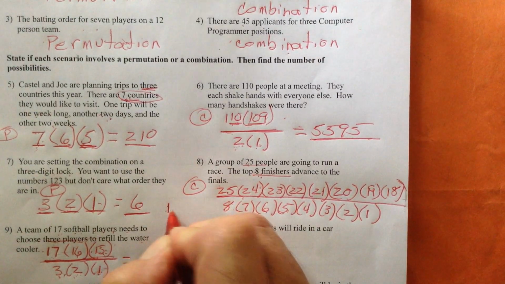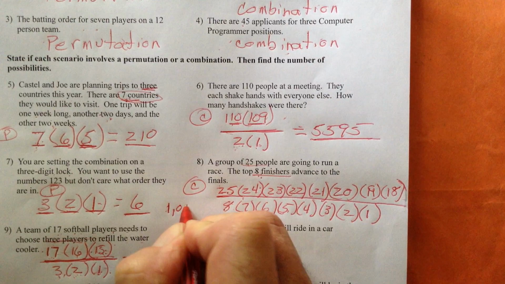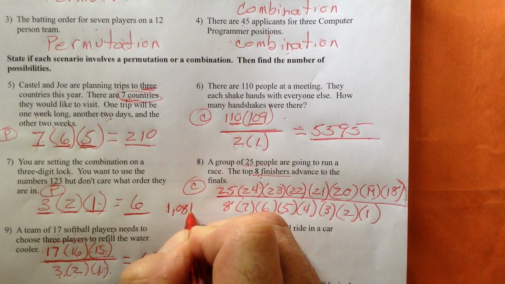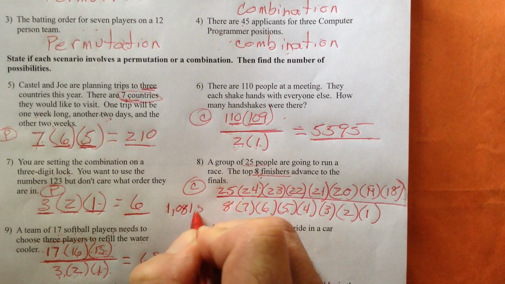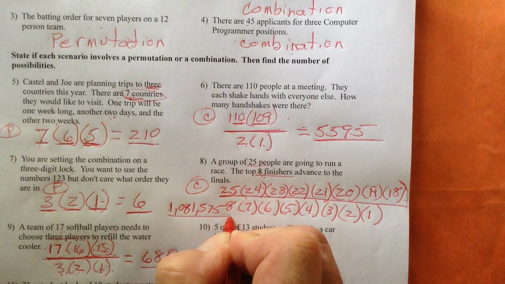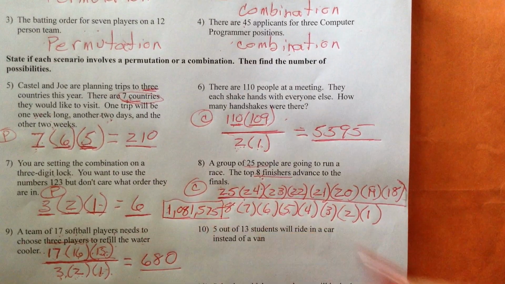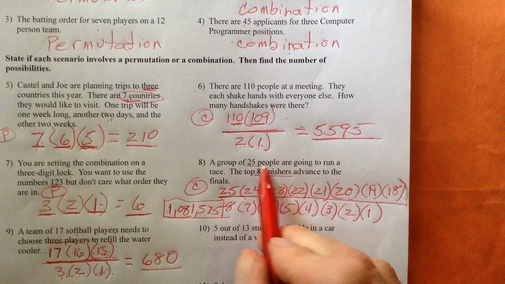It came out to 1,081,575. Okay, so that's how many combinations out of that group of 25.